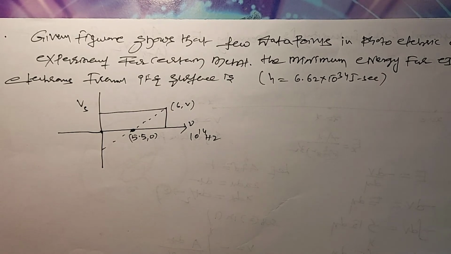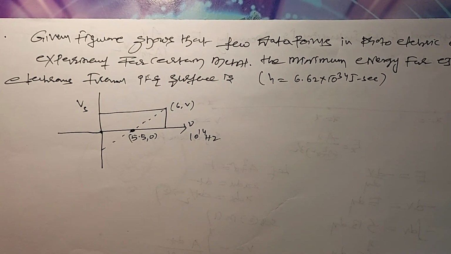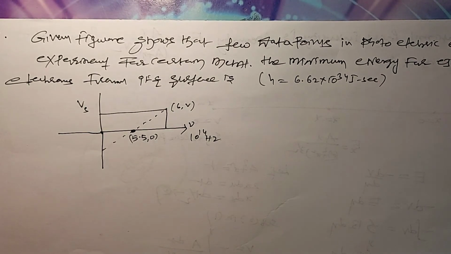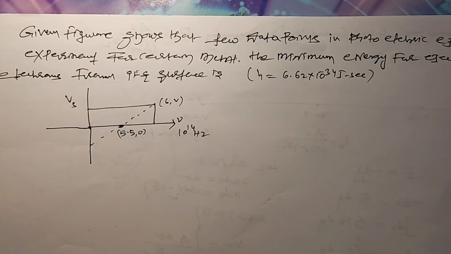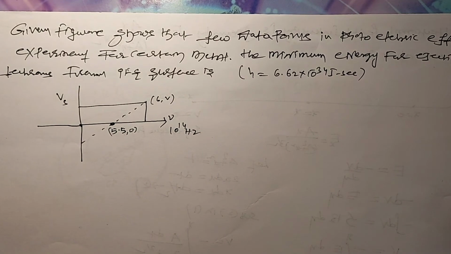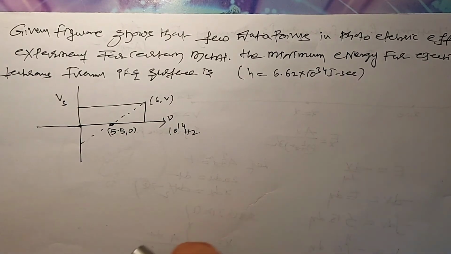Here, the figure shows a few data points in the photoelectric effect. For a certain metal, what is the minimum energy for ejection of electrons from its surface? This is a graph.